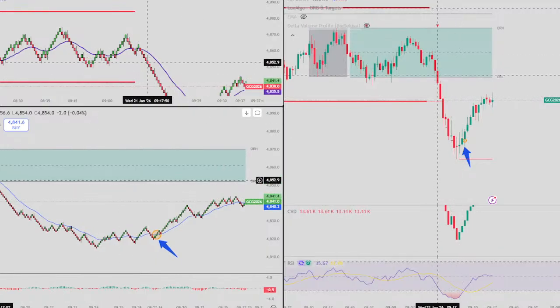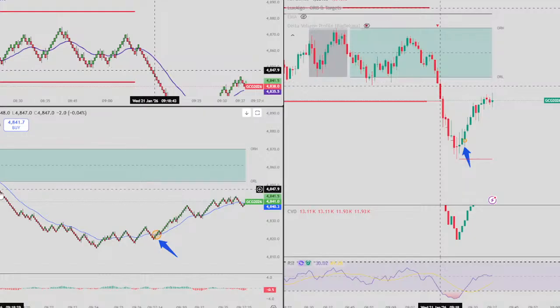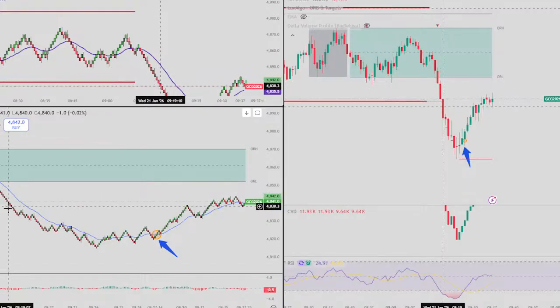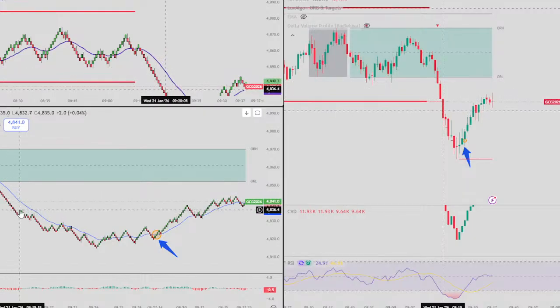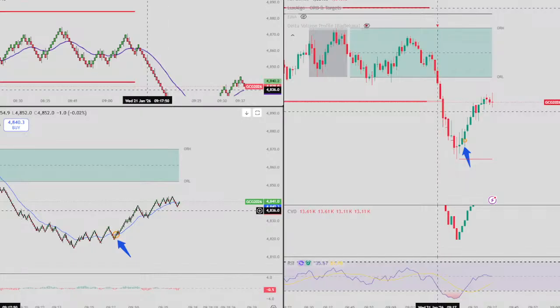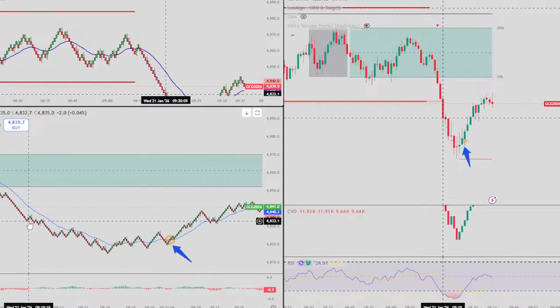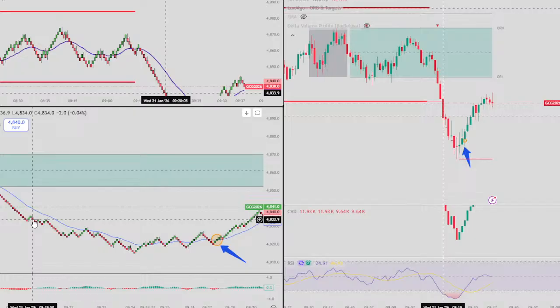So you wait for the break, which was this candle, broke. You have a pullback right here. You enter there, chops around a little, but it does drop.